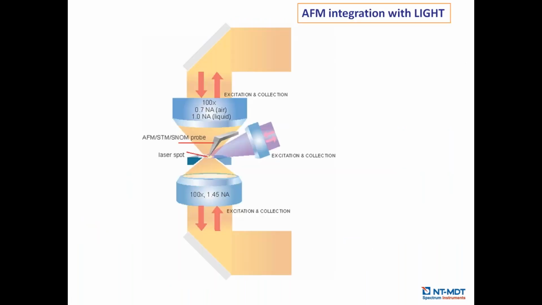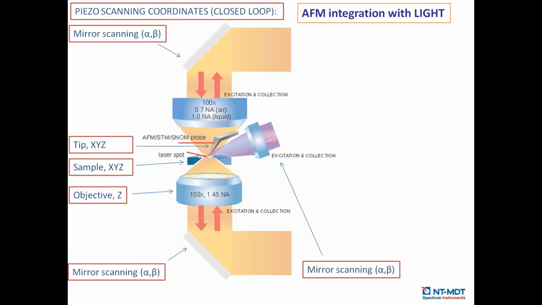So the general optical scheme looks like this. We have an AFM, or STM, or scanning near field optical microscope probe in the center, and from top, from side, and from bottom illumination we can excite and collect the light, to have precise positioning of the laser spot with respect to the cantilever apex.